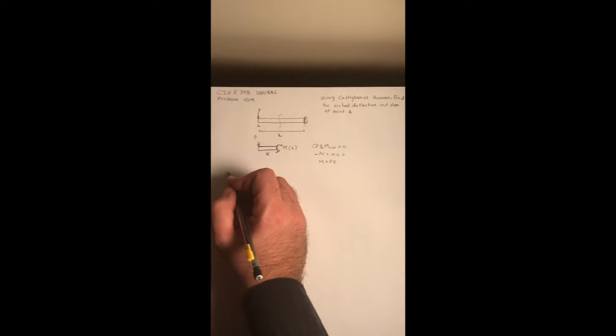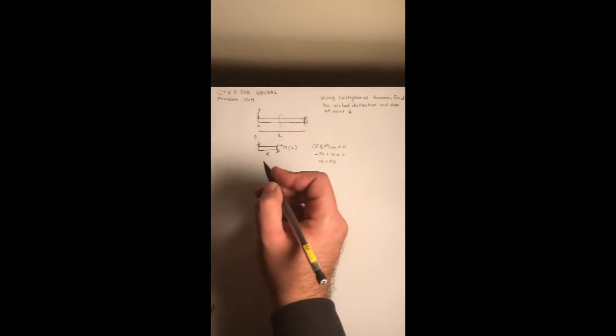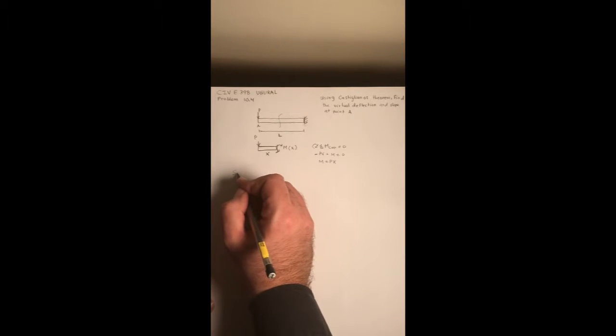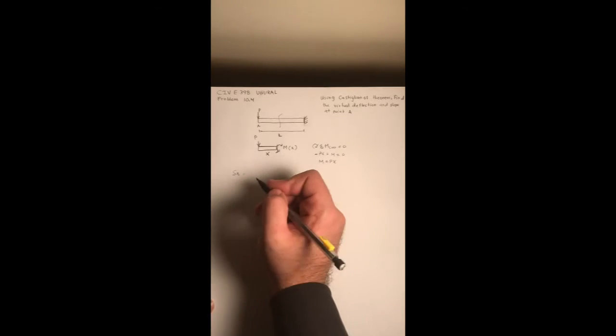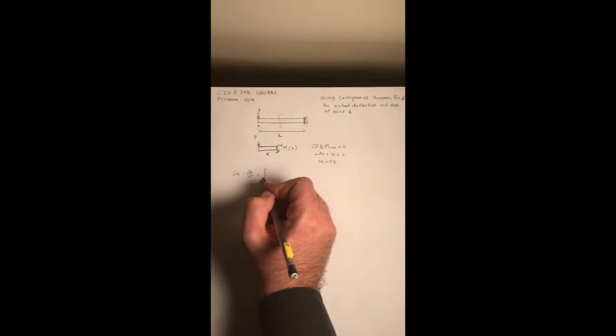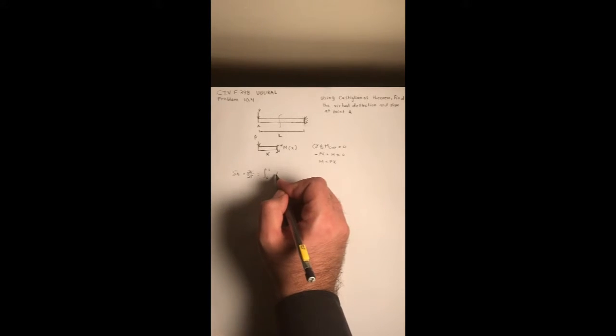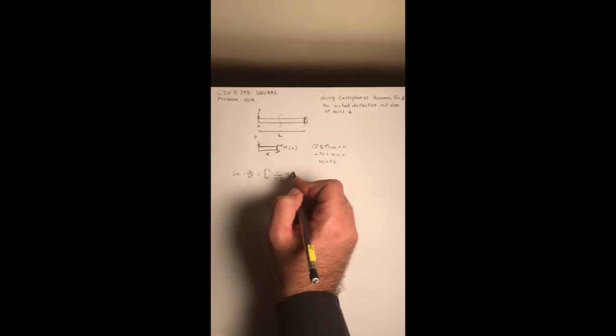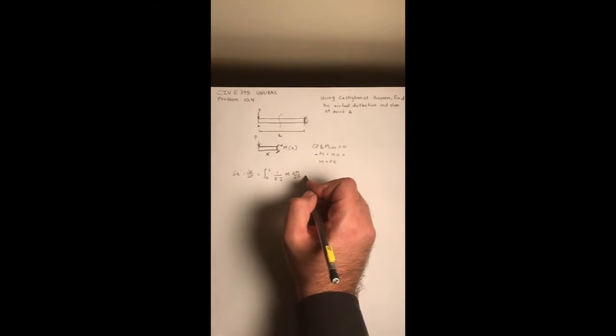And to find the deflection at A, we're just going to have to use Castigliano's theorem, which states that delta A is equal to partial U over partial P, which is equal to the integral from 0 to L of 1 over EI, M, partial M over partial P, dx.